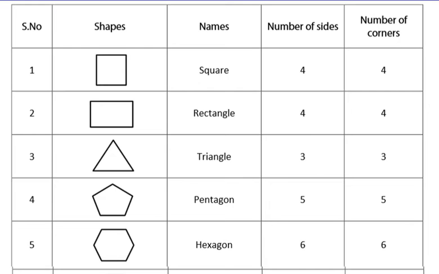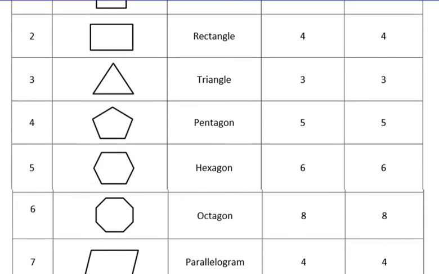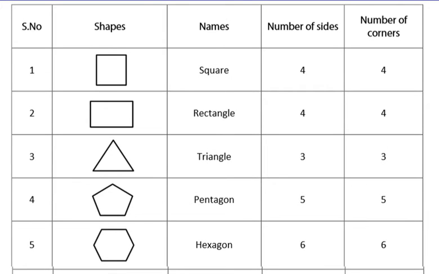So this page here is not in your notes, but it's just some kind of important information. A lot of it you already know. These here are 2D figures. They are flat figures, and so these are some of the flat figures that we've been dealing with so far in geometry. But what's important here is it tells the number of sides that they have and the number of corners that they have.